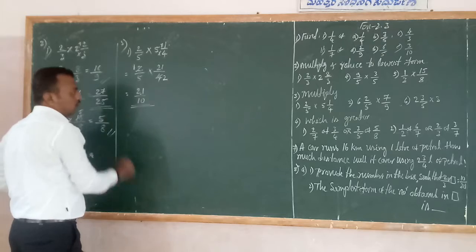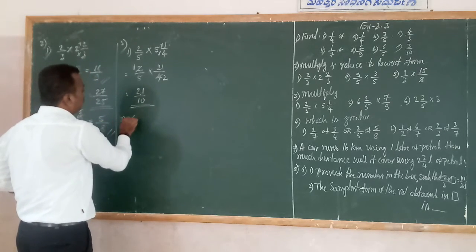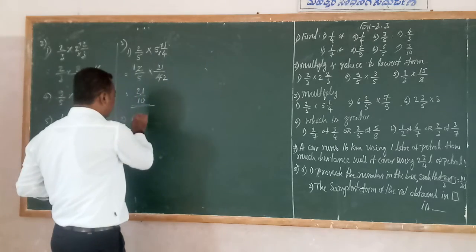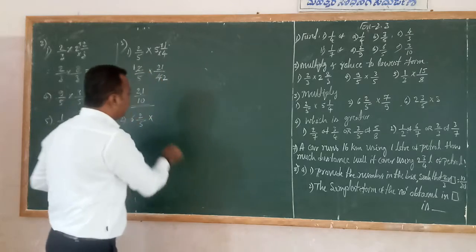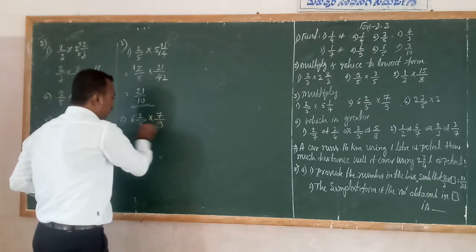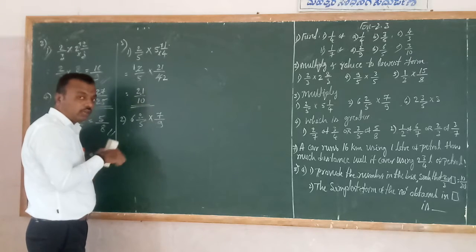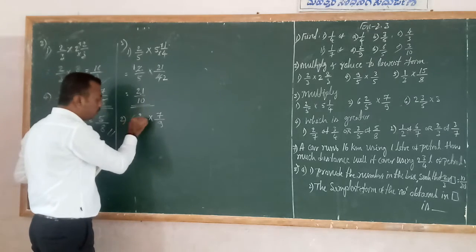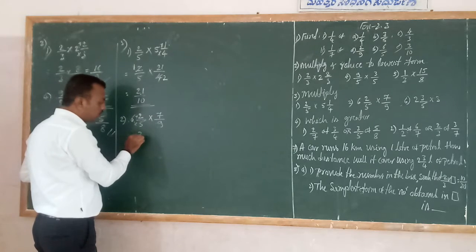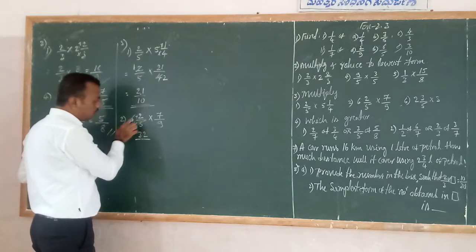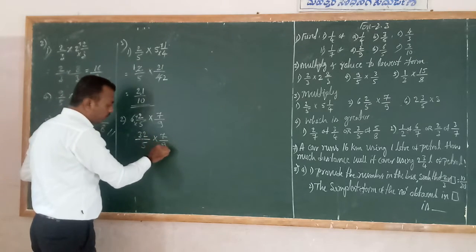Next, question number three, second one. What is that? 6 2 by 5 into 7 by 9. See, 6 2 by 5 is in the mixed form. You have to convert it into an improper fraction. 5 6s are 30, 30 plus 2, 32, whole upon 5, into 7 by 9.